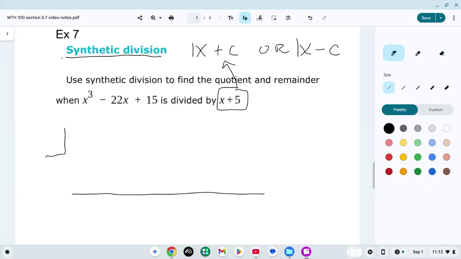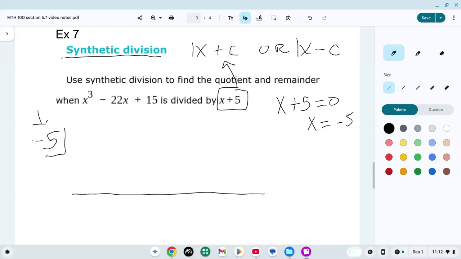So how do I find the number that goes in the box? Well, I'm going to take what I'm dividing by, which is x plus 5, set it equal to 0. So actually, I am dividing when x is negative 5. So I'm going to put the opposite of plus 5, which is negative 5, in my divisor box.